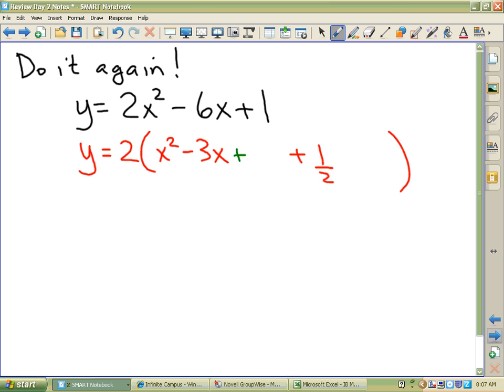So I need a magic number to add and subtract. Give me a magic number. It's a fraction. You'd have to have 3 and square it. I don't know what half of 3 is.